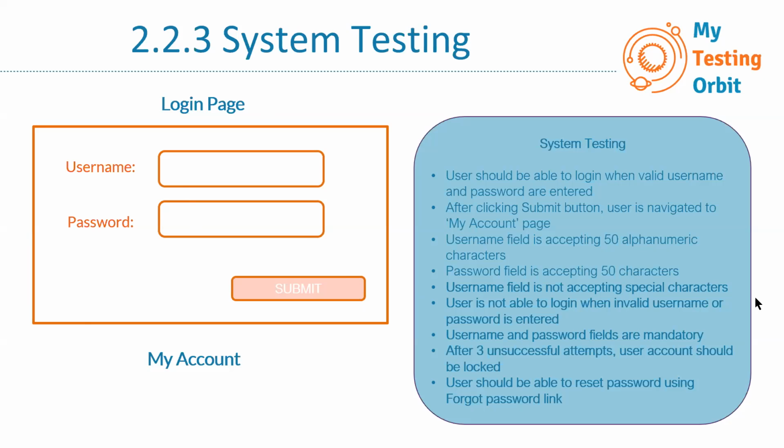Okay, Madhuri is saying the color of the submit button. Yes, that's right. So we had a functionality that the submit button should be enabled, and we should have a test case for that as well. Vineet has mentioned the password field accepting minimum characters.